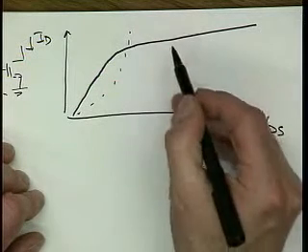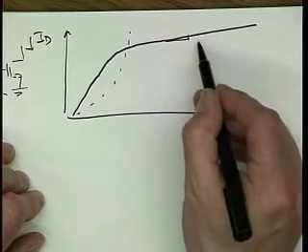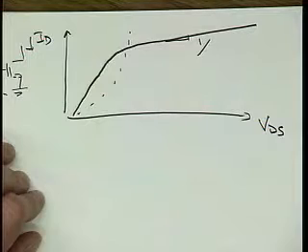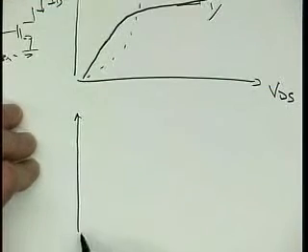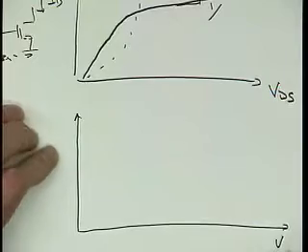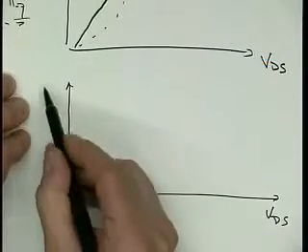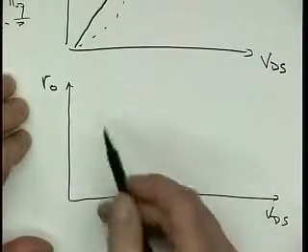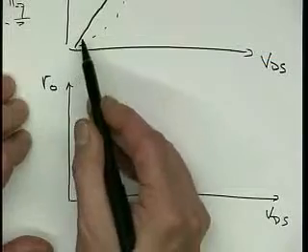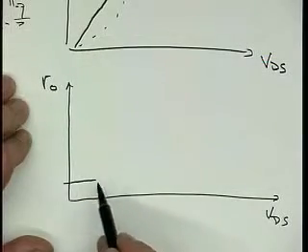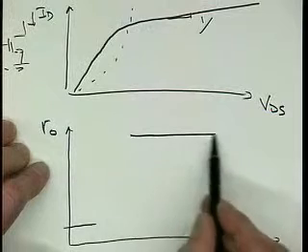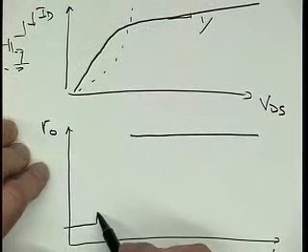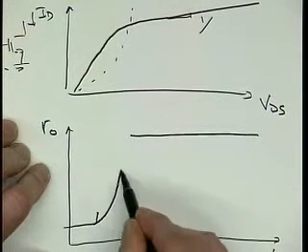Our out is simply 1 over the slope of this line. So just by inspection, we can make a plot of our out, and here we get something modest, and then here it's pretty high, and so this somehow jumps. I don't know.